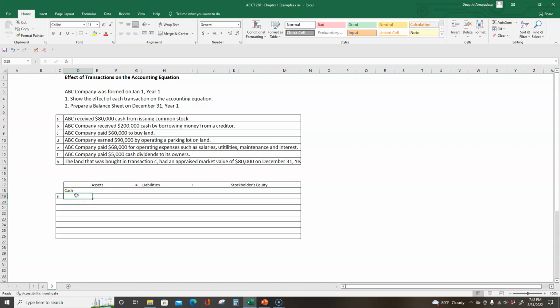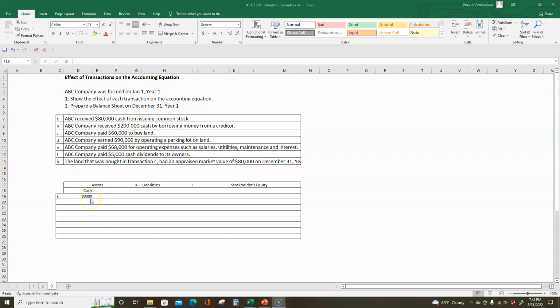What happened to the company's cash? The question says that ABC received $80,000 cash, so our cash increased by $80,000. Before transaction A, the company didn't have any cash, it was just formed. But now we have $80,000 cash. So I'm going to put that $80,000 as a positive number in the cash column.